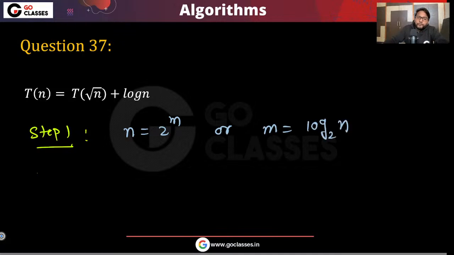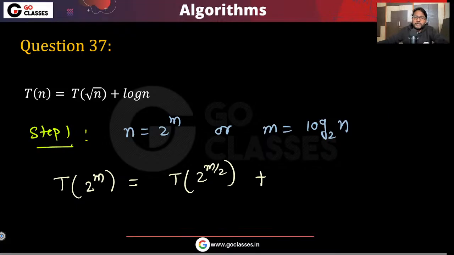Now what is step 2? First you rewrite it, which will be T of 2 power m equal to T of 2 power m by 2 plus log n, right? What is this log n? This will be m only.